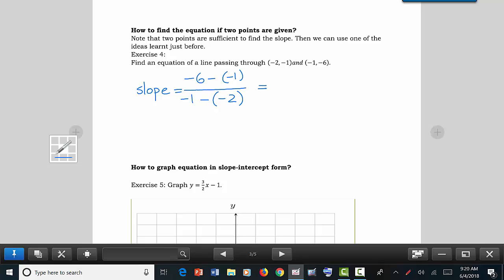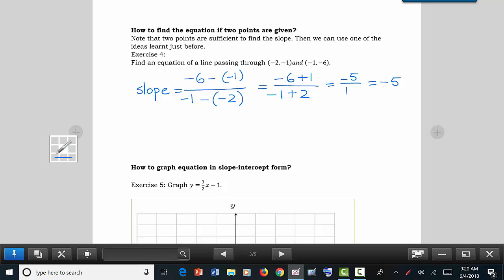So this equals negative 6, negative of negative is positive 1, divided by negative 1, negative of negative 2 is again positive 2. So this equals negative 5 divided by positive 1. So it becomes negative 5. Now we got the slope.